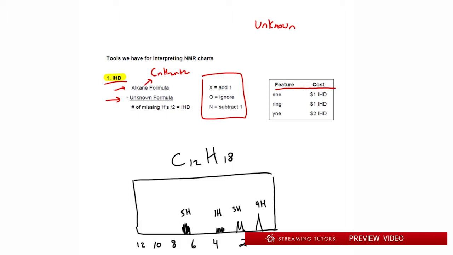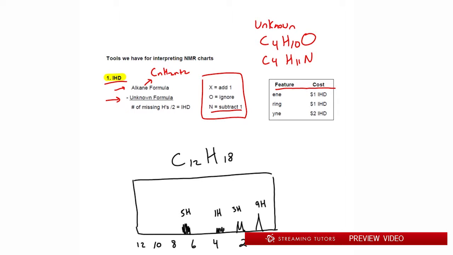So for example, if I have C4H10O, then I don't have to do anything with the oxygen. But if I had C4H11N, then I have to subtract 1 from that H count when I do my IHD consideration. Okay? Because every time there's an N, you subtract 1. Halogen, you would add an H. So you just use this in order to figure out the H count that you're actually working with.